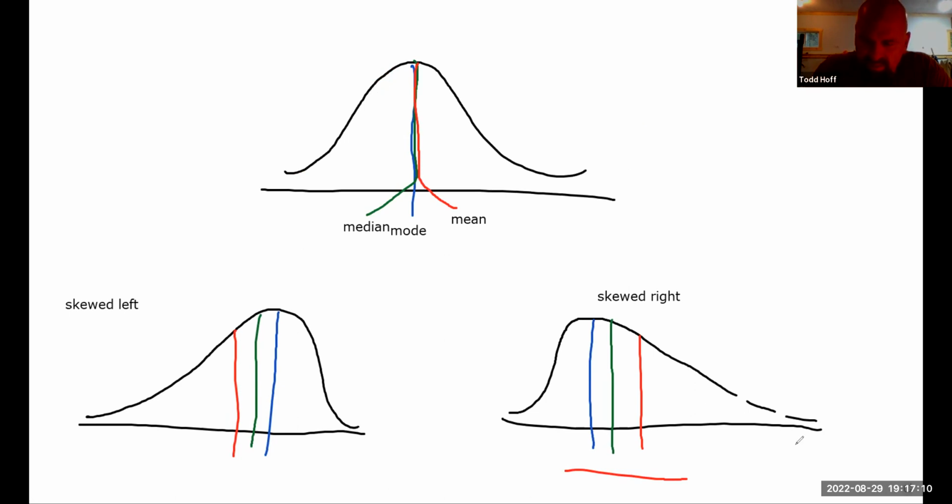So the question comes out, what is the best measure of center? Now you've probably felt my opinion of the mode. The mode is definitely only useful in certain situations, so it's not the best measure of center. So it comes down to the mean or the median.